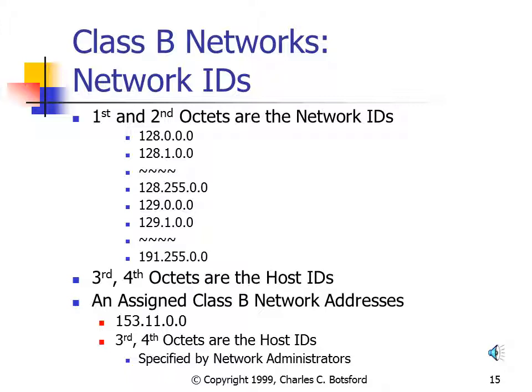And that would give us quite a number of Class B addresses. Now, if your organization was assigned a Class B address like 153.11.0.0, all hosts on your network would start with 153.11, and then you as the administrator would assign the host IDs in the 3rd and 4th octets.